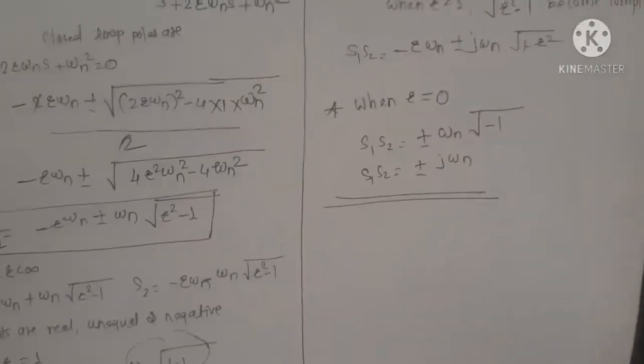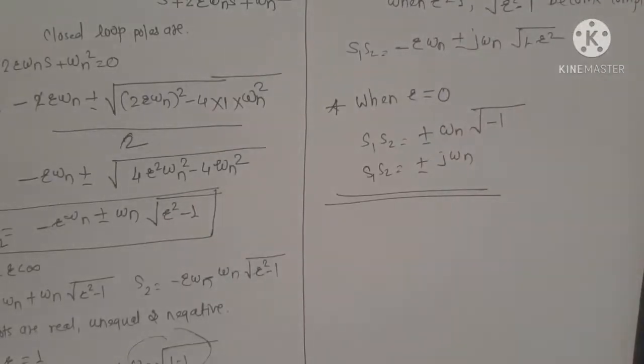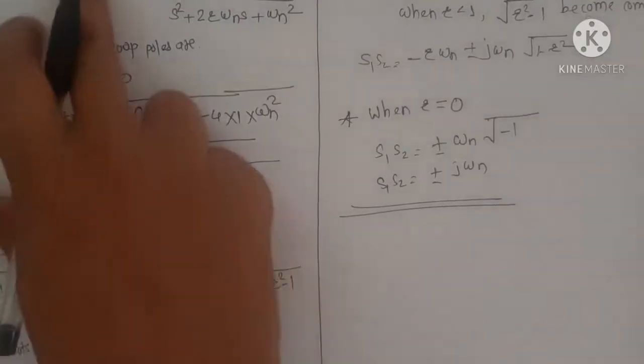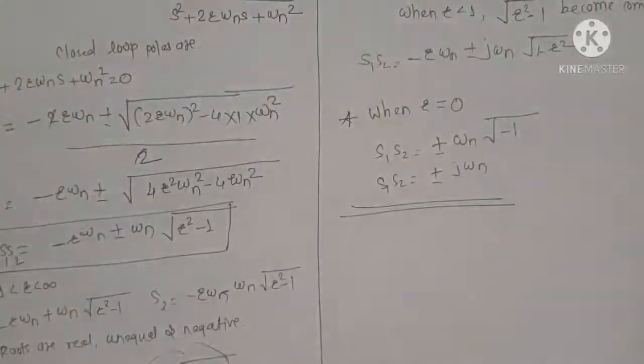So there are 4 conditions, and according to those conditions the position of the poles changes. So this is the effect of damping factor eta on the position of closed loop poles.